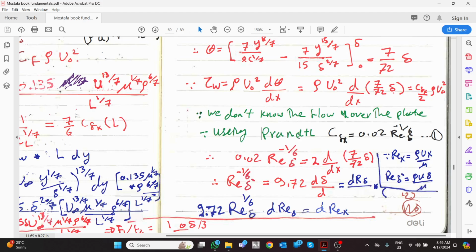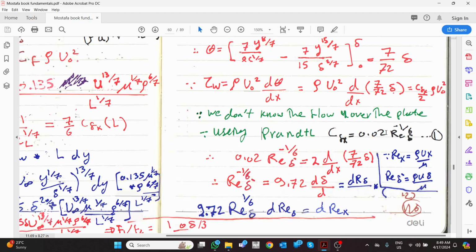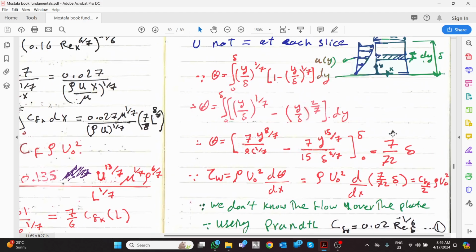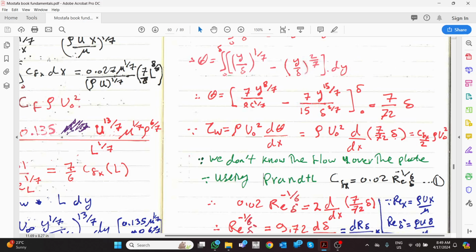Prandtl derived that cfx is this function of Reynolds number to the power 1 over 6, in x or in delta, which means Rx in delta, is this number in cfx.